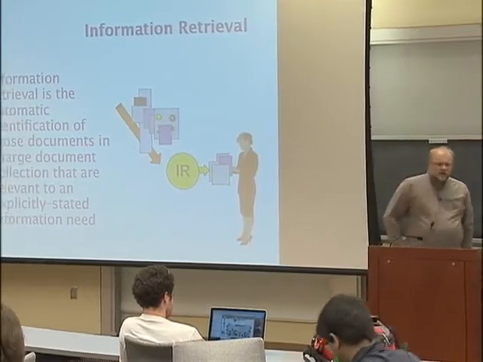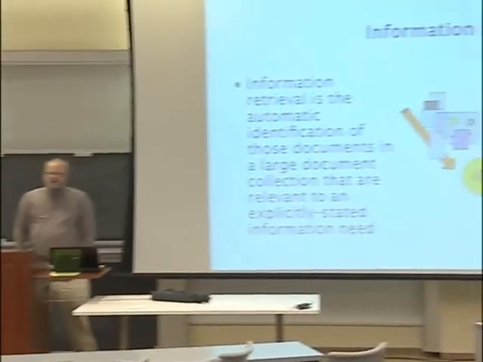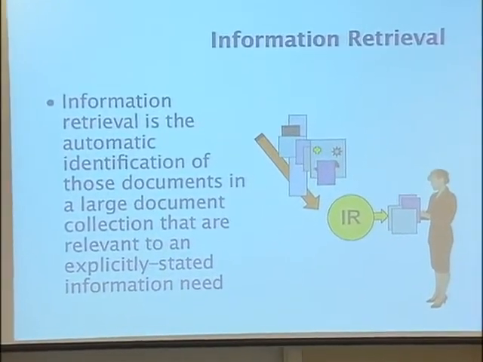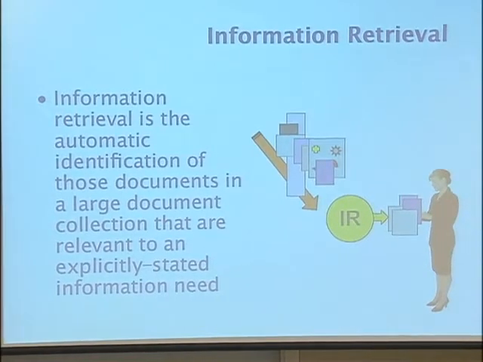So what is information retrieval? The definition we're going to use is it's the automatic identification of those documents from a large collection that are relevant to an explicitly stated information need. Okay, so you've got a pointer here. You've got a bunch of documents streaming in of all different kinds.